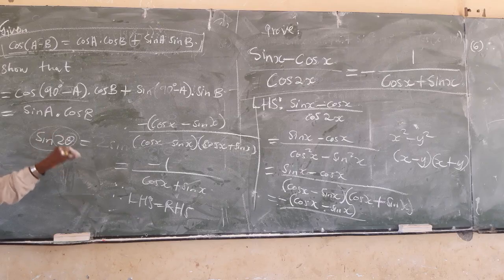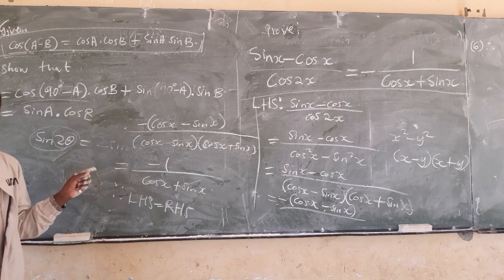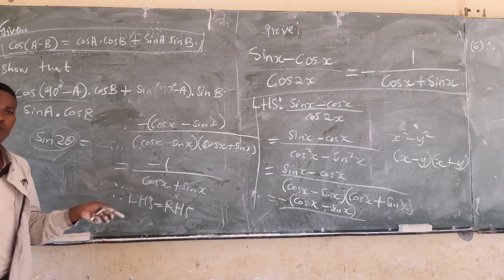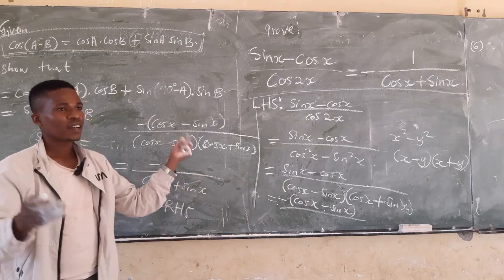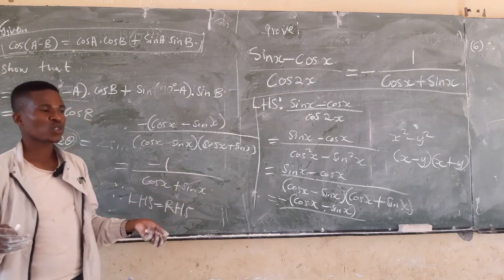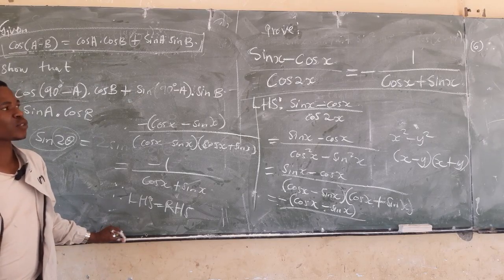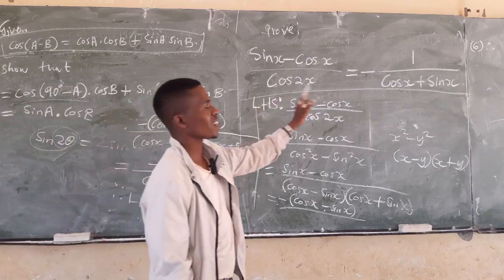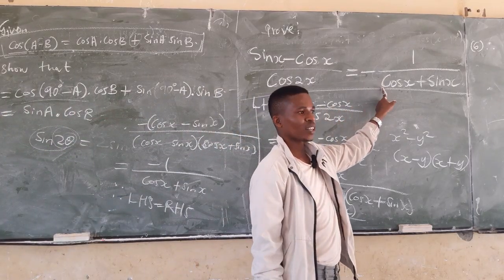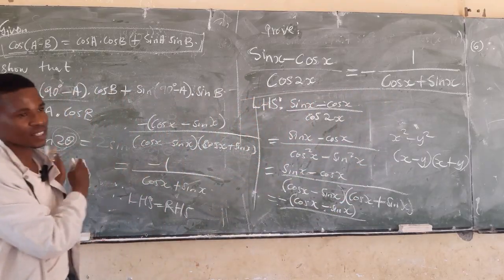So hence you must not forget your algebra. You work with the identity, you change your identity, correct? After that, you must work with your algebra. Then that's what we have. The strong one will take the right hand side and do what we call rationalizing the denominator, multiply, and then have the right hand side.